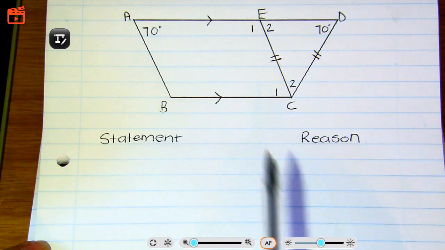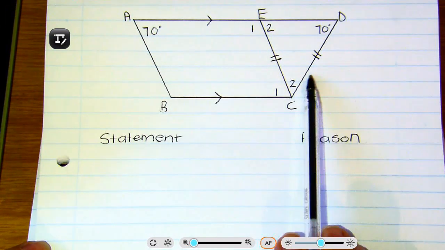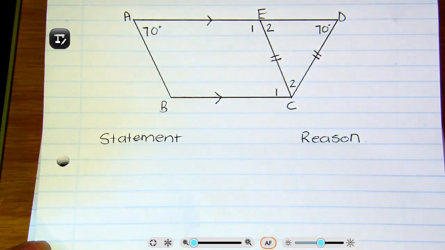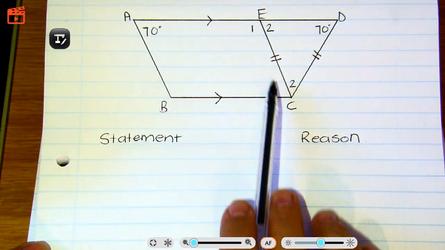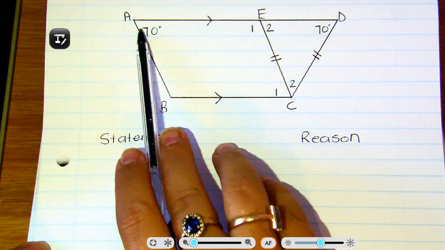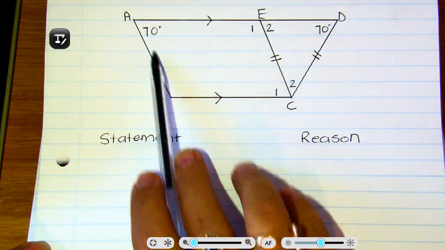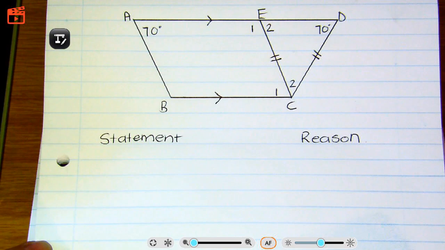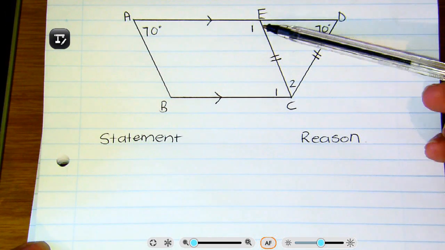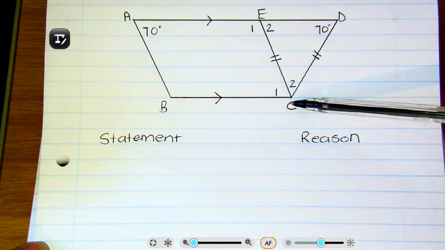Now you can see that none of the lengths of the sides have been given, but we have an angle that has been given. So automatically you can see that we're going to be working with the angles, and we are going to try and prove that the opposite angles are equal in order to prove that this is a parallelogram. Okay, so we're going to start off. They tell us that EC is equal to CD.